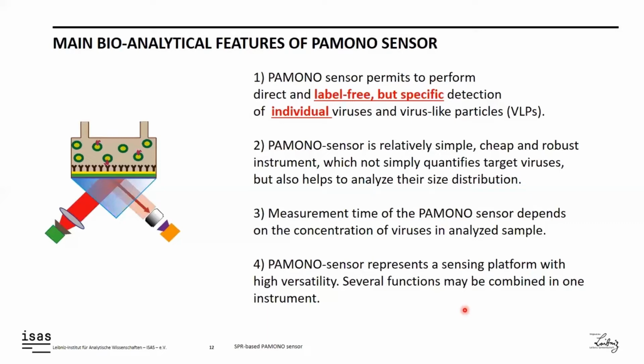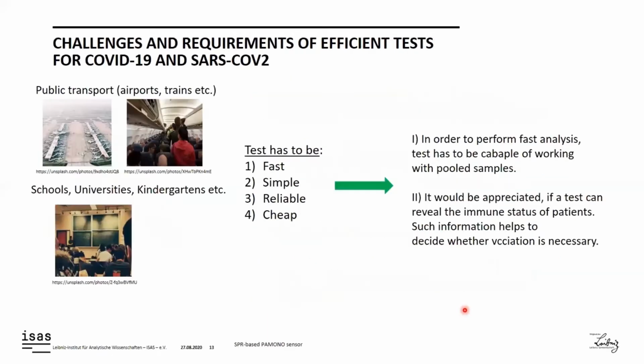And let's compare these features of the PAMONO-sensor with the current requirements for tests and sensing devices which are supposed to detect the SARS-CoV-2 virus in different samples. What may be expected from such a device?